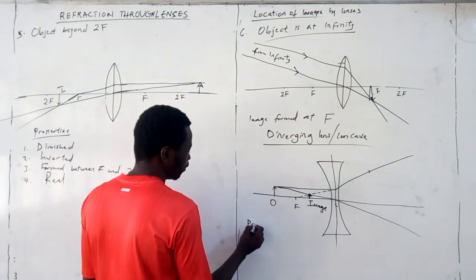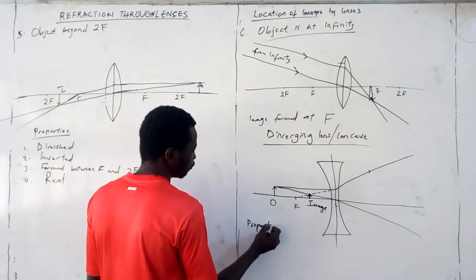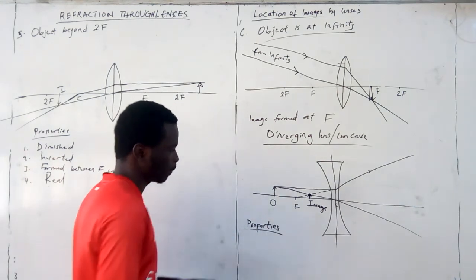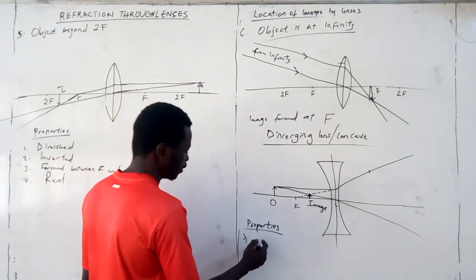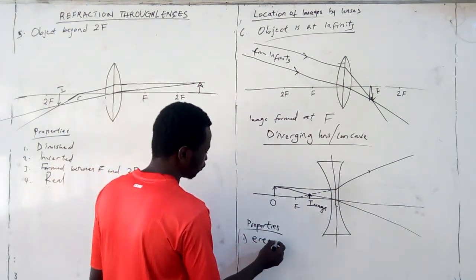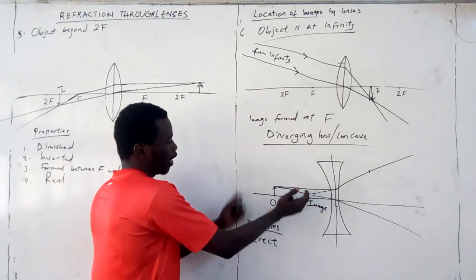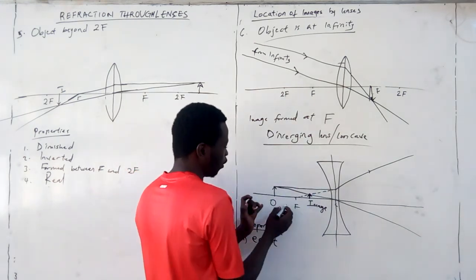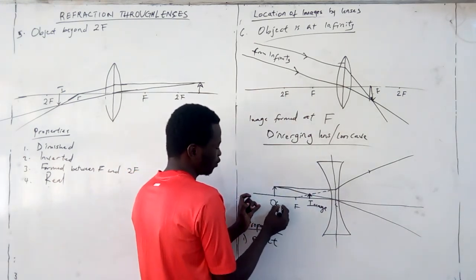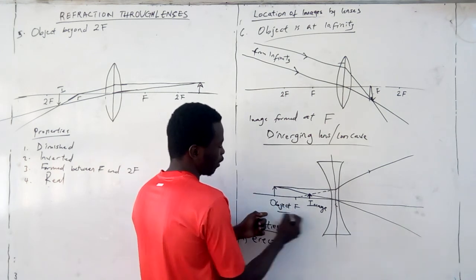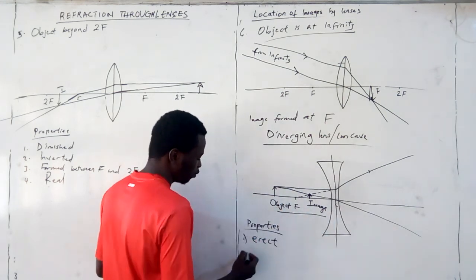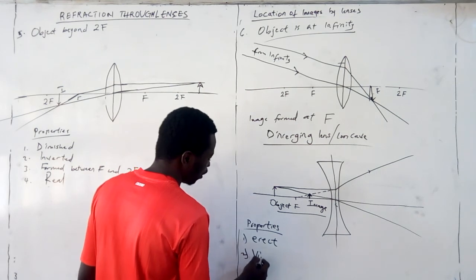So the properties of the image formed are: one, it is erect. Now, it is formed at the same side where the object is, so we say it is virtual.